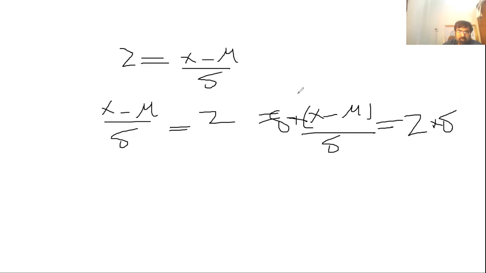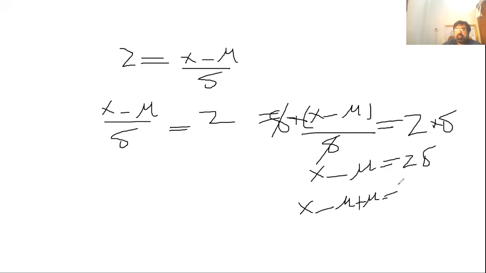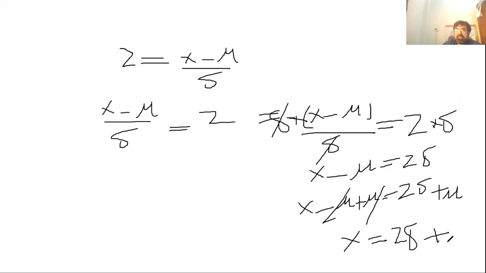Whatever you do with this side, you have to do with that side as well. So here sigma is gone, and x minus mu is equal to z sigma. So x minus mu plus mu is equal to z sigma plus mu.